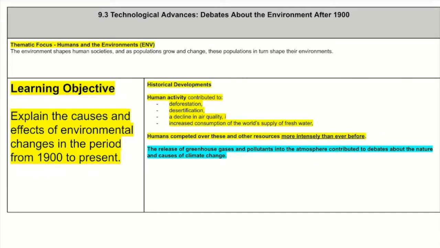So what's very important to understand is that humans competed over these and other resources more intensely than ever before, and those are some of the effects. So the release of greenhouse gases and pollutants into the atmosphere contributed to debates about the nature and the causes of climate change, which is one of the top issues in the world today.